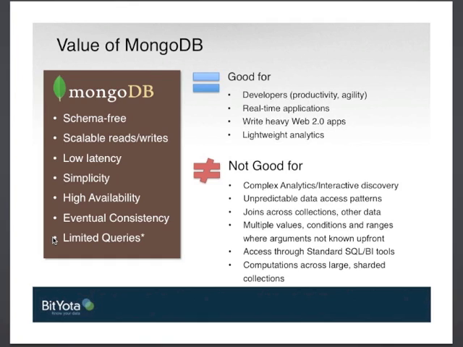But when your data starts to go beyond 100 GB, when you really want to be able to join across collections, you want to build complex aggregates, that's when the use case for JSON is not optimum. It wasn't designed for complex, interactive discovery and ad hoc analytics over very large amounts of data across collections, etc.